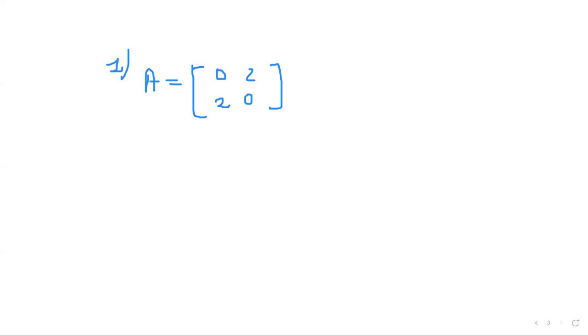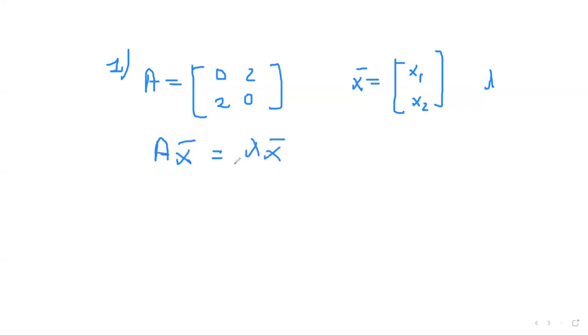So let's suppose A is equal to 0, 2, 2, 0. And our vector x is x1 and x2. These are the coordinates of vector x. And also lambda is the real number which we are going to find. So obviously from the equation A x bar equals lambda x bar, let's write everything here.